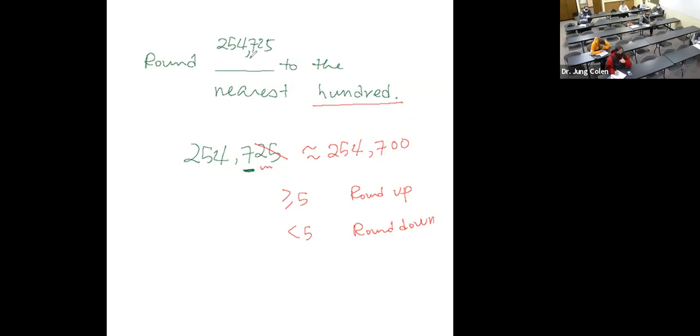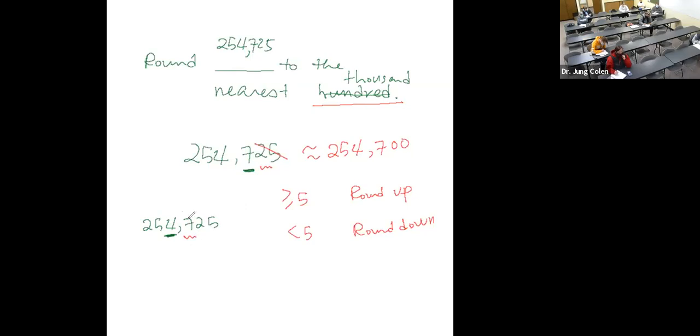Okay? If I ask you to round this to the nearest 1,000, it will be something, 1,000. So let's look at the same number again, 254,725. The thousands place is here. So you need to look at the next digit, which is 7. Is that greater than or equal to 5 or less than 5?